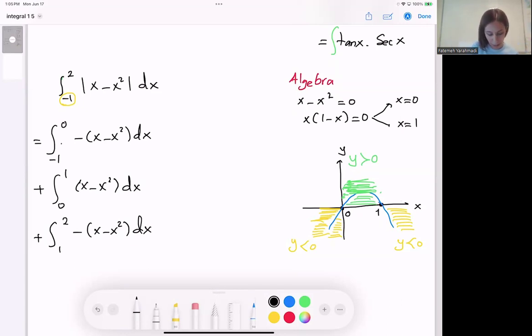One integral, -1 to 0, which is this piece here for this part of y value. Then you have 0 to 1. Then you have 1 to 2. 3 pieces of integral. Okay, it's not that difficult to calculate these integrals. You already know how to deal with these. So this is the definite integral, -1 to 0 of x squared minus x dx, which can be written as, let me write the answer here, a third x cubed minus a half x squared, -1 to 0.